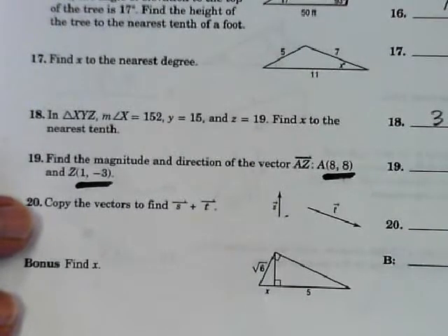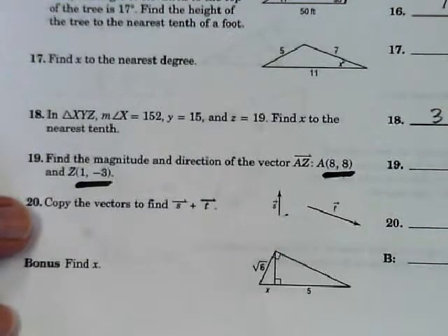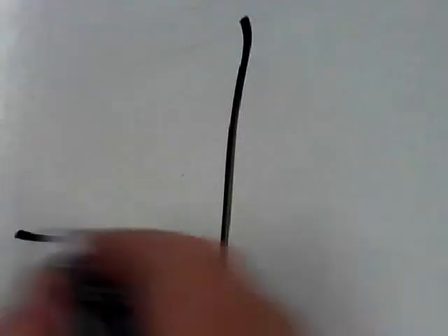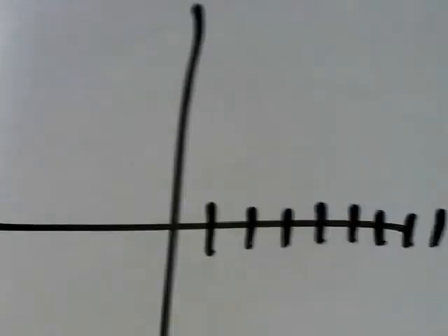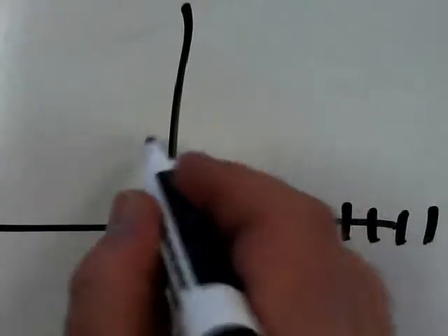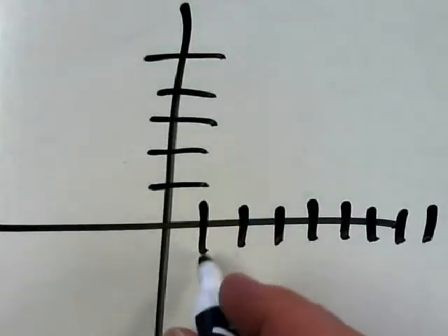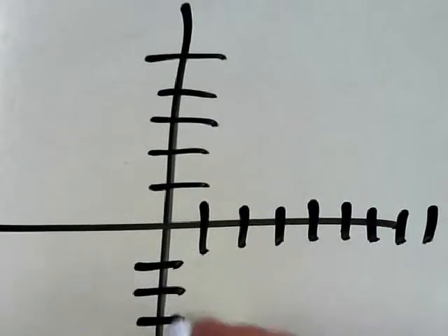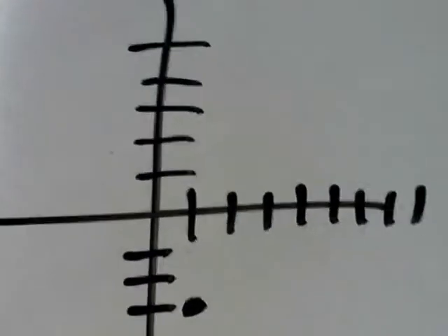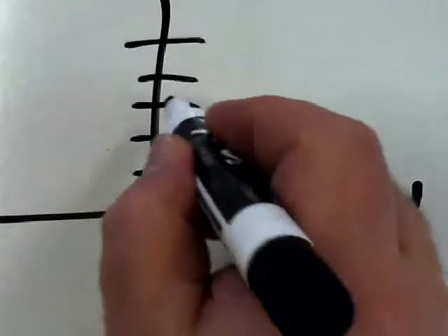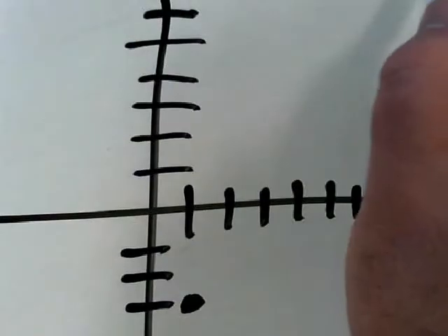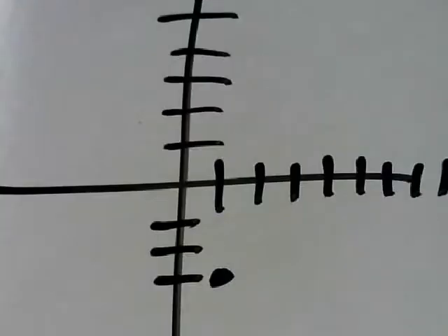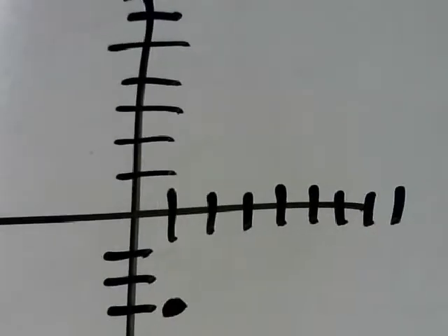To find the direction, you actually have to draw it, so 8, 8. And 1, -3. So 1, -3 would have been like here. 8, 8 would have been up here, that you can't see.